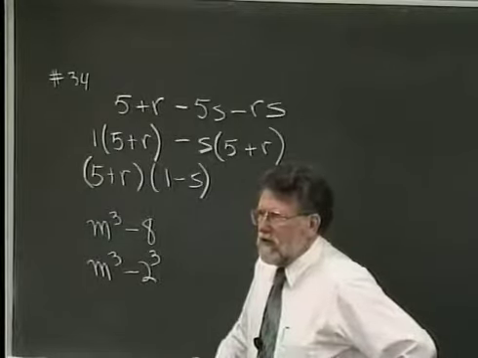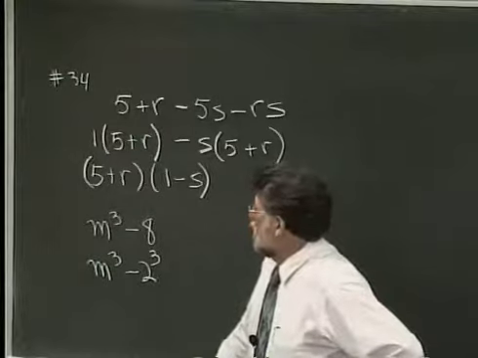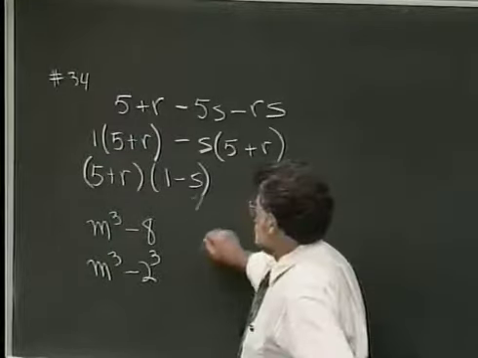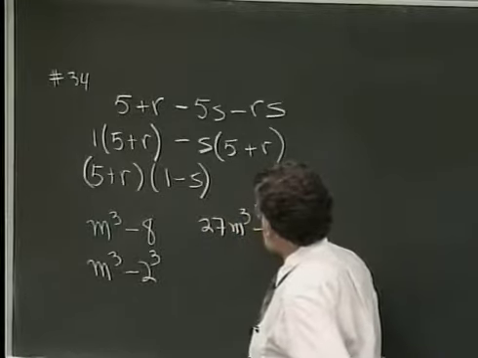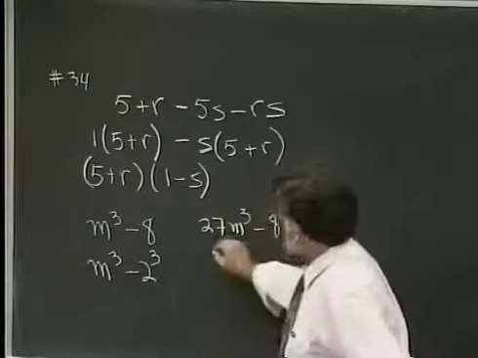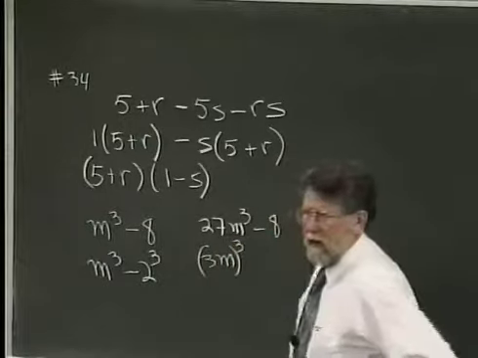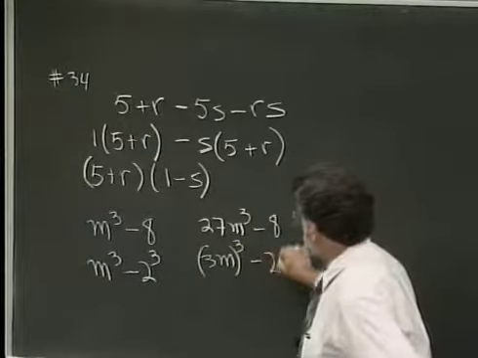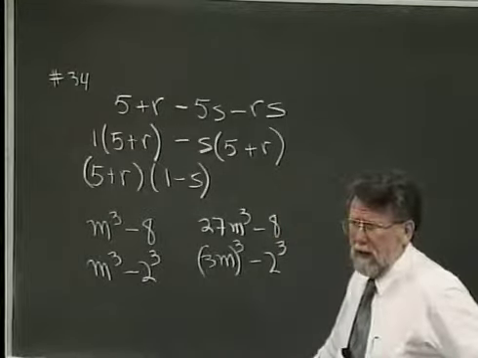And then if parentheses are necessary, make sure you have them as part of the problem. So if I had, as an example, 27m cubed minus 8, it's important that you write that as 3m quantity to the third and then minus 2 to the third, that you can't leave this parentheses off here.